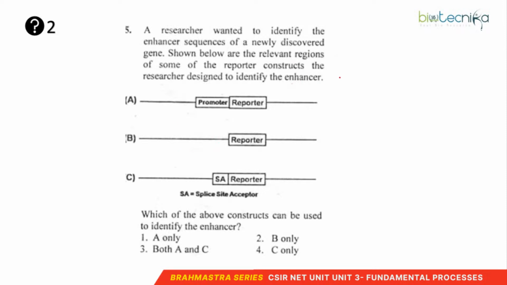Enhancer is one of the sequences where the transcription factors bind, or in some books they will say that activators are binding. That is, a positive regulatory protein is binding here, okay.